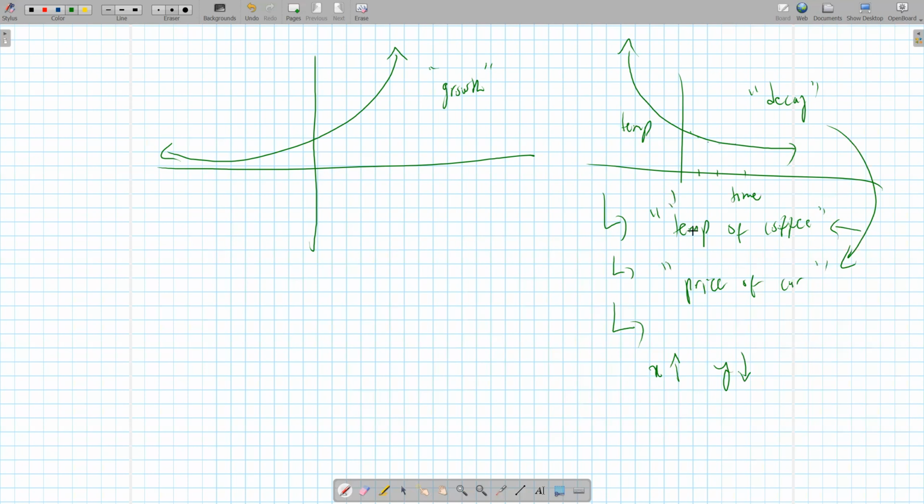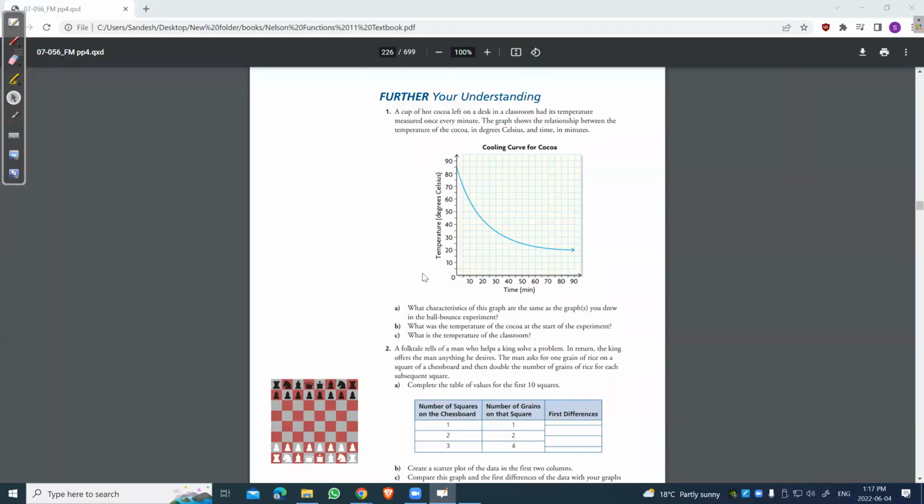Oh, like this one. Here's another one. The amount you sleep on the x versus grades on the y. The more you sleep or game or whatever, Netflix, any of these, the more you do these guys, the lesser your grade, okay? Exponential decay. Does that kind of make sense? You with me so far? All right.